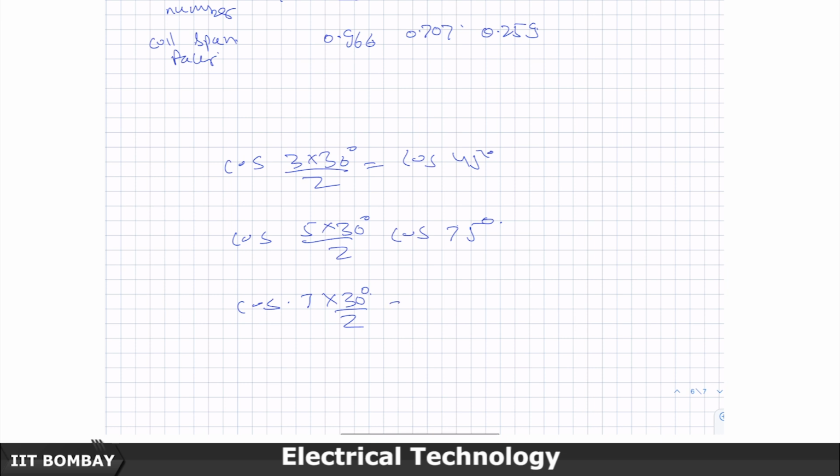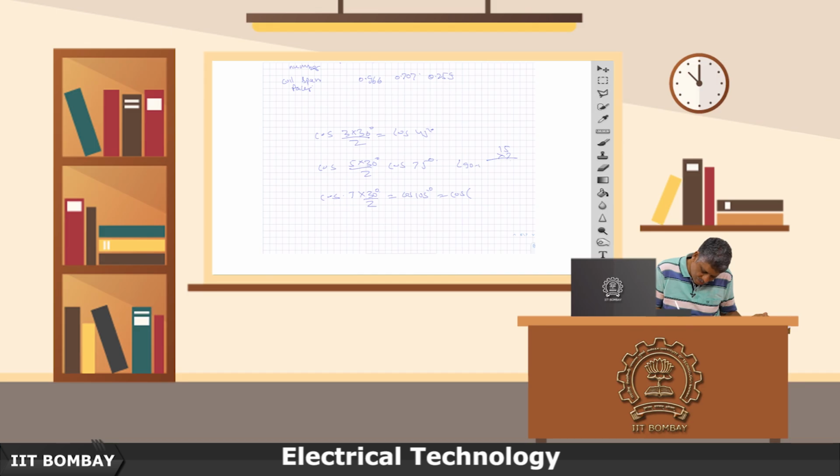And then for the seventh, cos of 7 into 30 degrees by 2, which is cos of 105 degrees. So, this is 90 minus 15, and this is 90 plus 15.